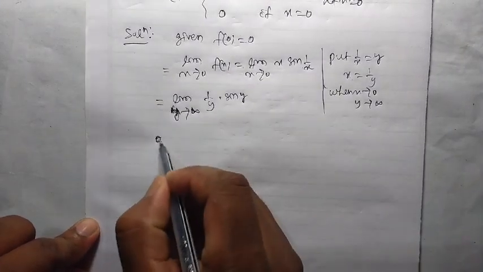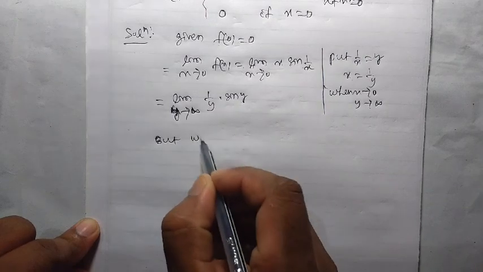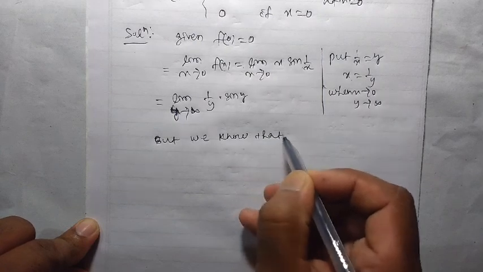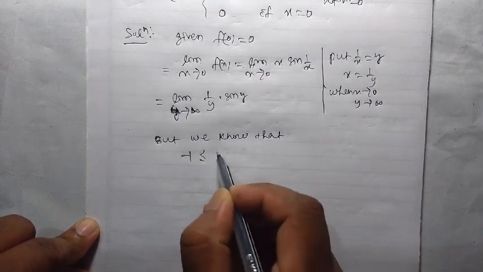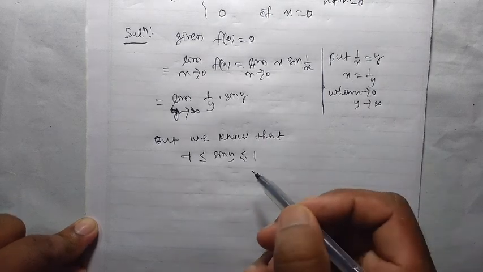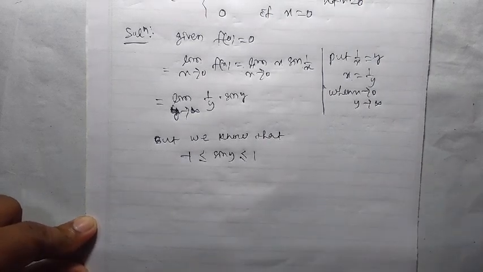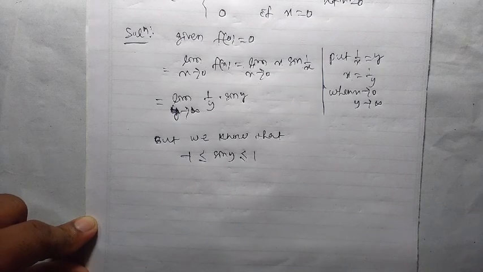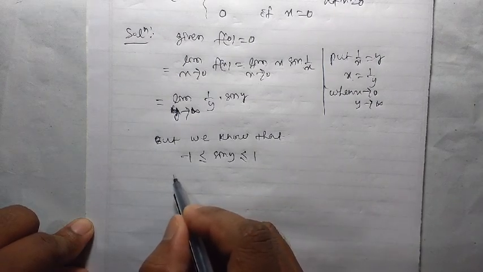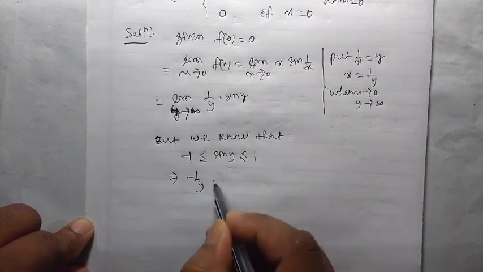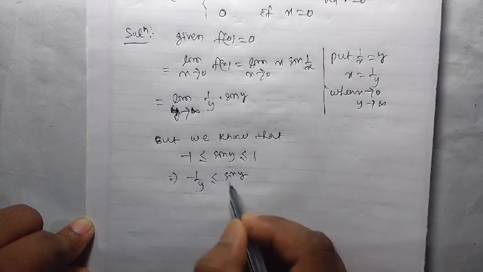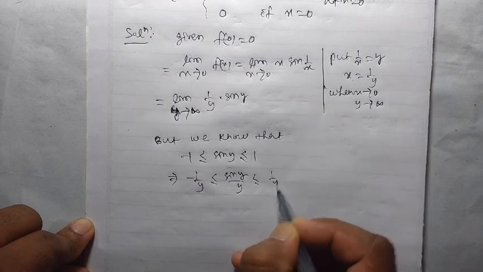But we know that minus 1 is less than or equal to sin y, which is less than or equal to 1. The function sin x lies between minus 1 and 1, that is minus 1 is less than or equal to sin y is less than or equal to 1. This implies minus 1 by y is less than or equal to sin y by y is less than or equal to 1 by y.